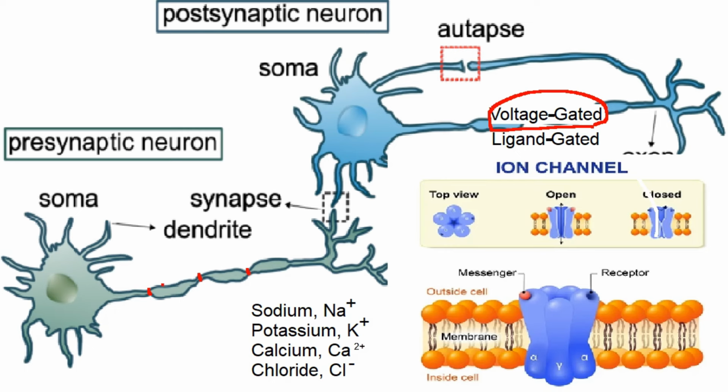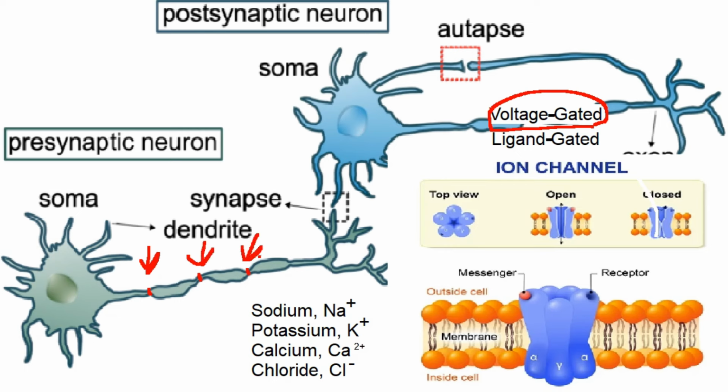So to make sure that the signal is generally as strong as it was when it first entered the cell, the voltage-gated ion channels make sure throughout the cell that the signal is supported and does not lose the charge as it moves on through the axon down to the axon terminal and eventually to the next neuron.